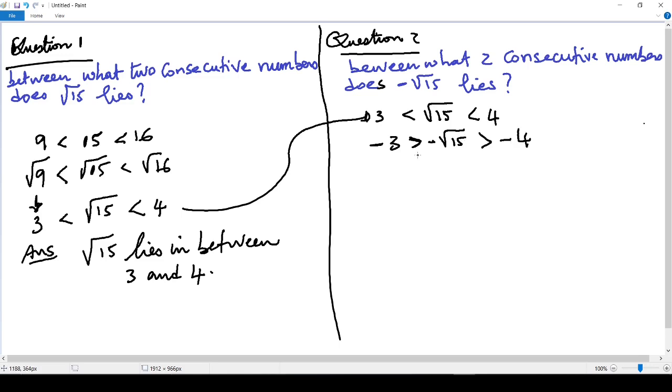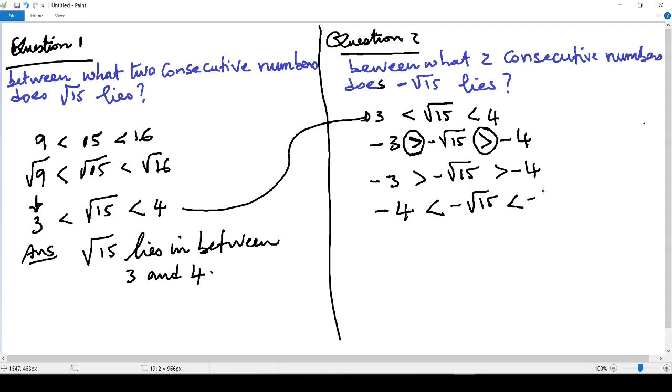You have to realize that we now have greater than, no more less than, because we apply the negative sign. So our final answer will be negative 3 greater than negative square root of 15 greater than negative 4. Or we can rewrite this one, if we want to start from negative 4, as negative 4 less than negative square root of 15 less than negative 3.